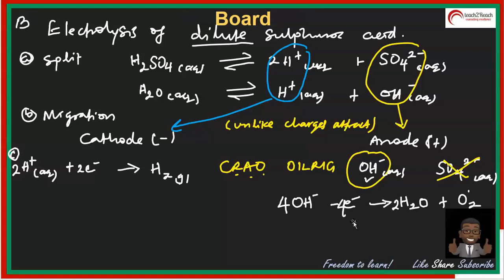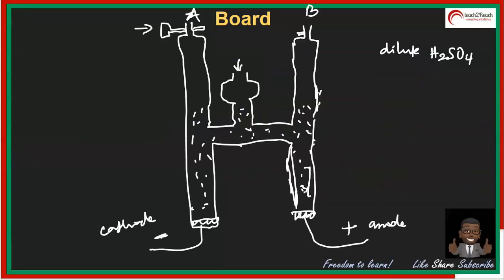This is dilute. Sulfate is not discharged. Sulfate remains in the solution. So in this case, your hydroxide is discharged and it produces oxygen. So hydroxide is a negative ion. Where do you think negative ions will migrate to? Will it migrate to the cathode or to the anode?